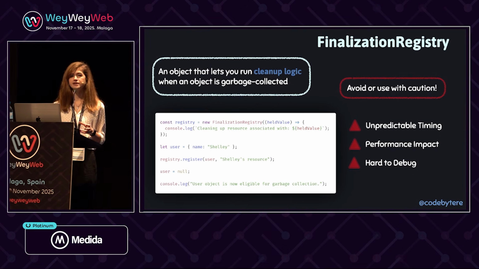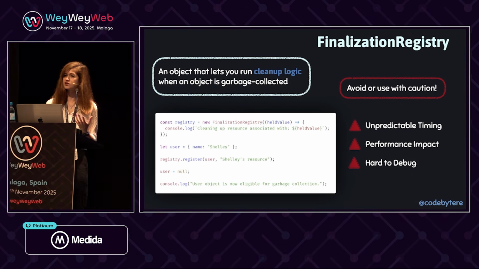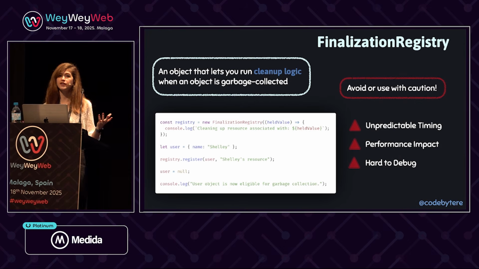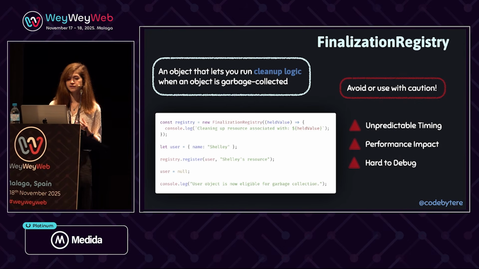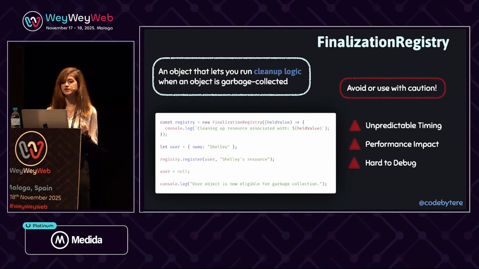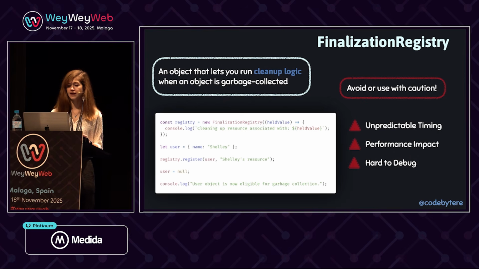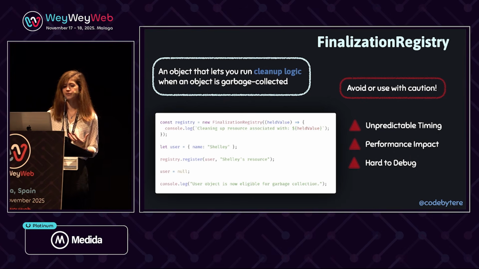For instance, it can close open files, clear caches, or disconnect from external resources associated with the object. Sounds nice, right? But actually, it should really just be reserved for situations where explicit resource management is not feasible, and you need a kind of last resort cleanup.